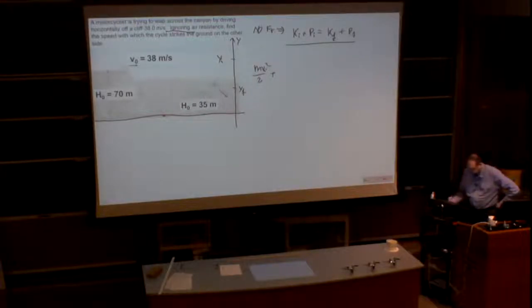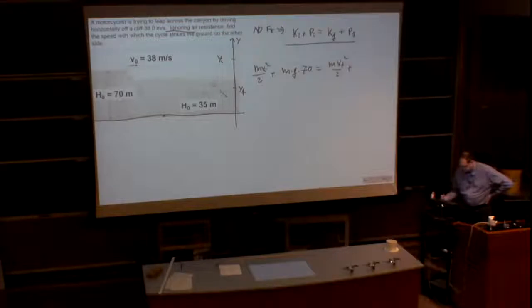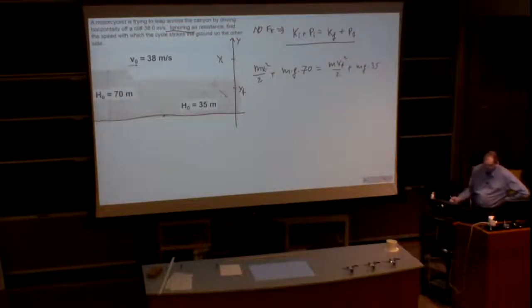So the initial coordinate equals 70 meters. Now we move on to the right-hand side of this equation: mv final squared over 2 plus mg times 35. This, again, is a case where the unknown mass is immediately canceled.